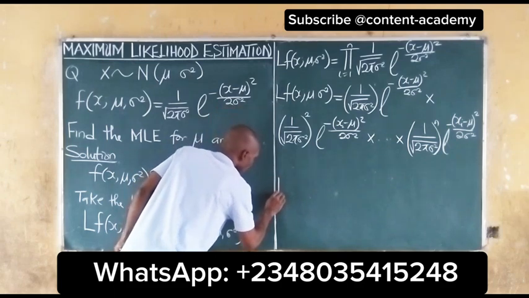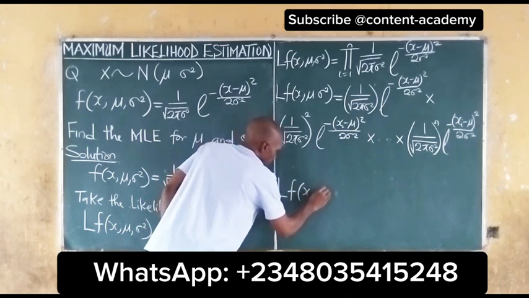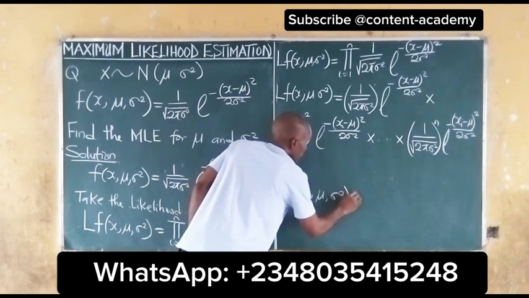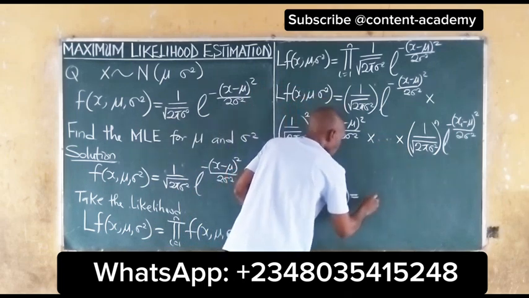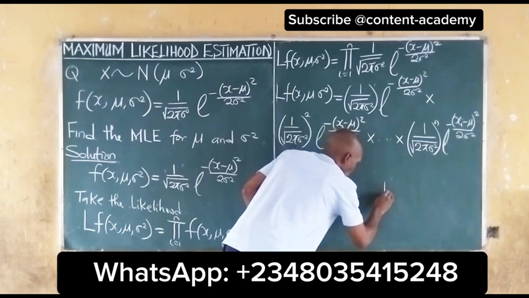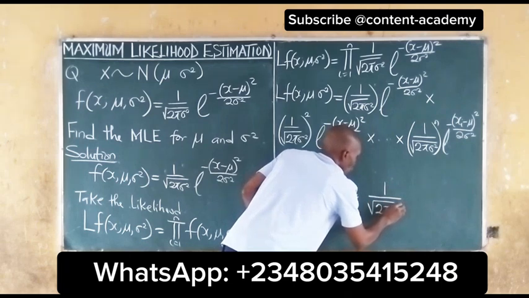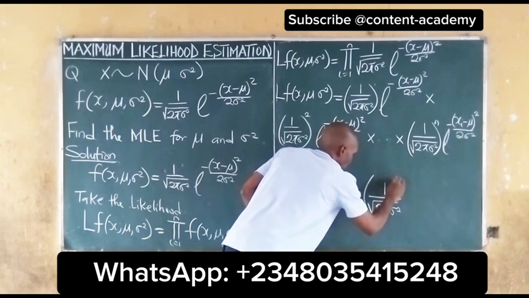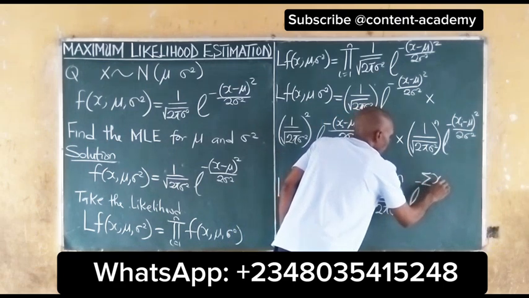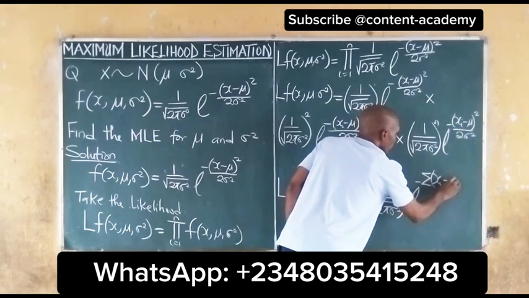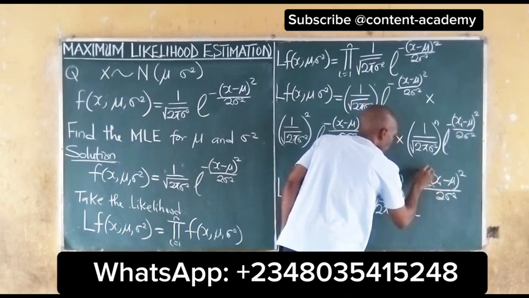So our likelihood function can be written as 1 all over the square root of 2 pi sigma squared, raised to the power of n, exponential negative the sum of (x i minus mu) squared all over 2 sigma squared, as i runs from 1 to n.